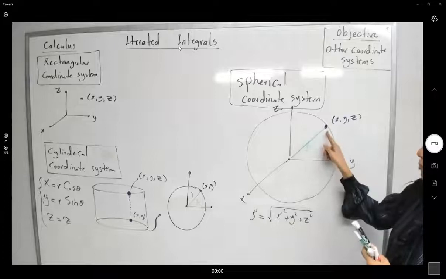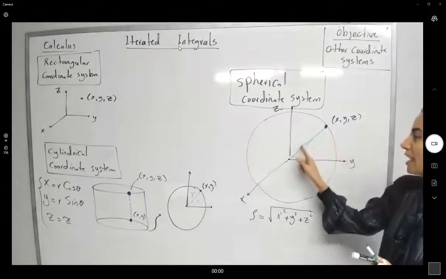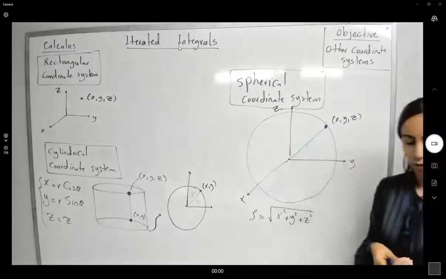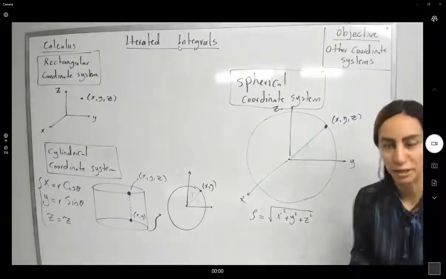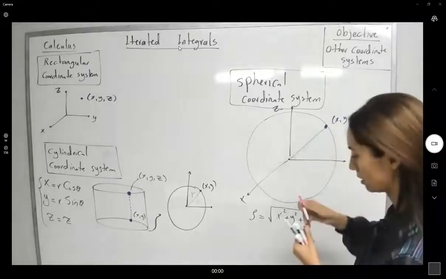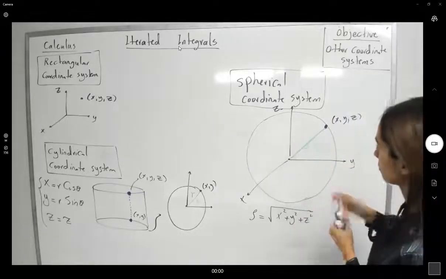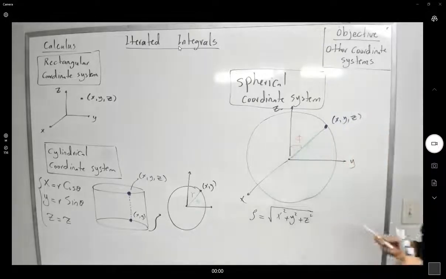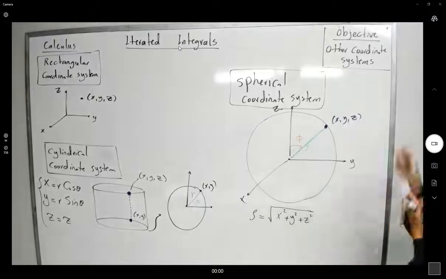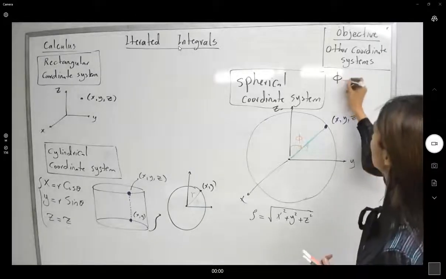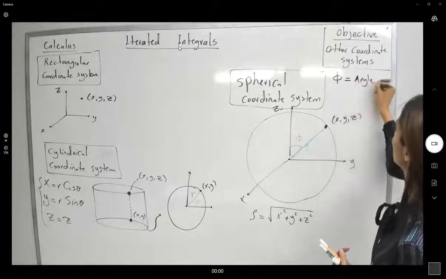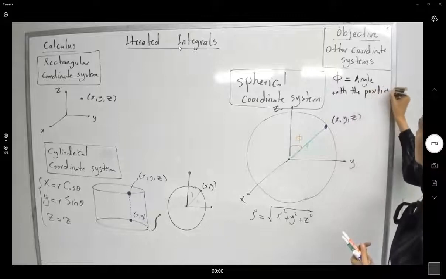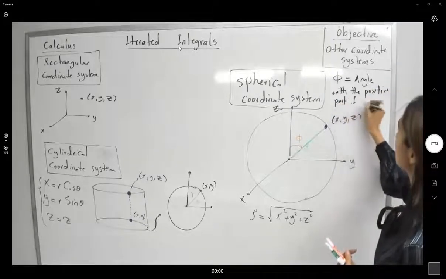Well, this point forms an angle with the positive part of the z-axis. We're going to call that phi. This is my phi. This angle is called phi. So phi is the angle with the positive part of the z-axis.